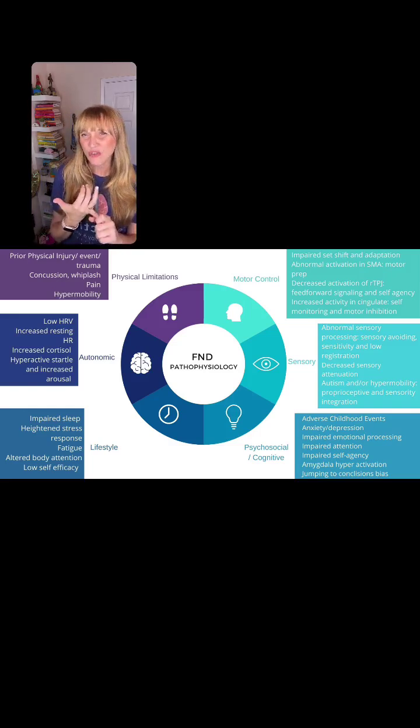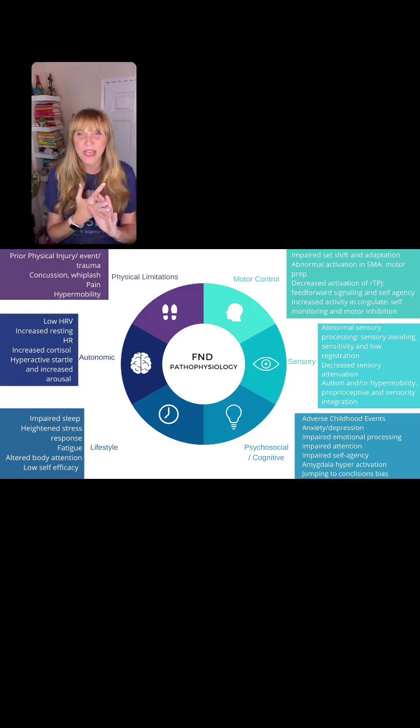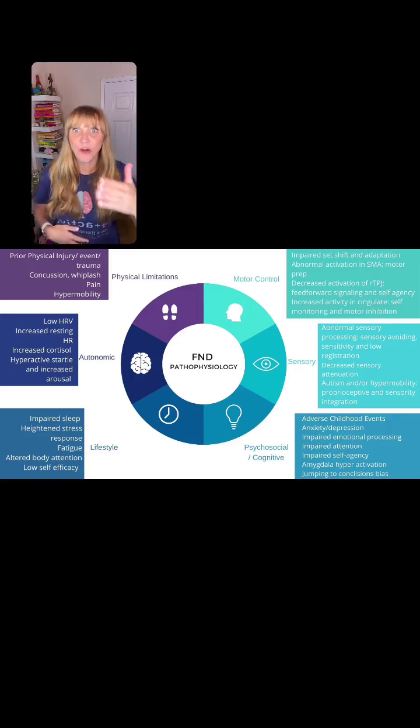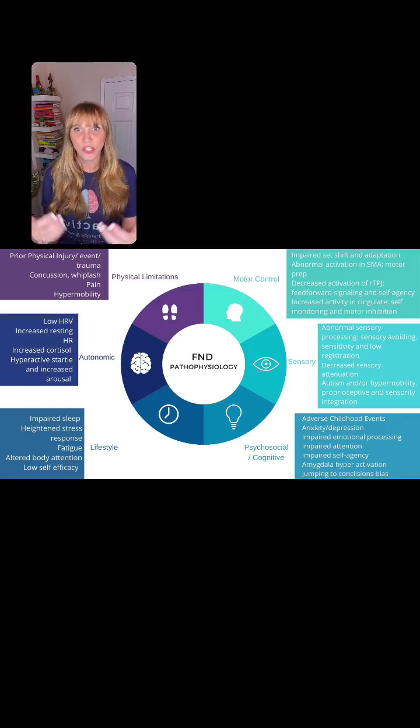So that might be tremor or dystonia or weakness or functional gait disorder or functional dystonia is what I mean when I say dystonia. All of those have a component of motor control, which is our voluntary control of muscles.